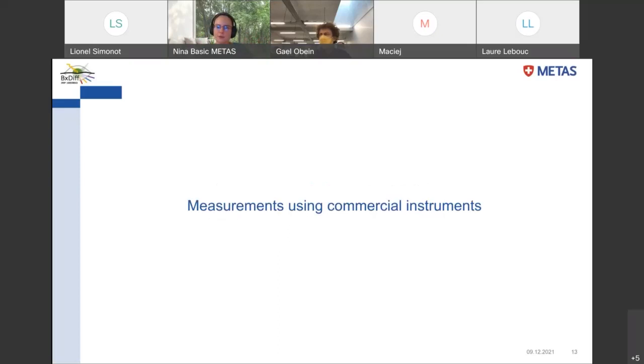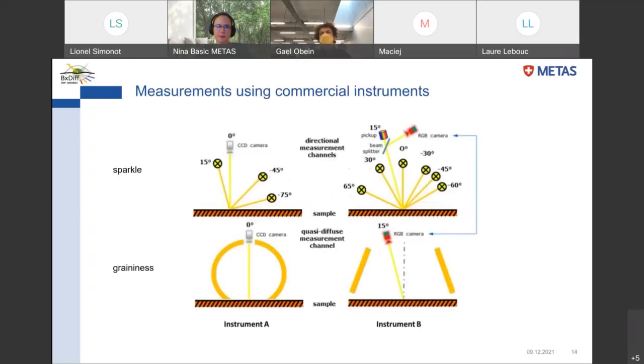And what I want to start with is measurements using commercial instruments. Because there are no standards, the manufacturers can produce their own devices, and they can produce their own measurement scales and measurement protocols and everything.